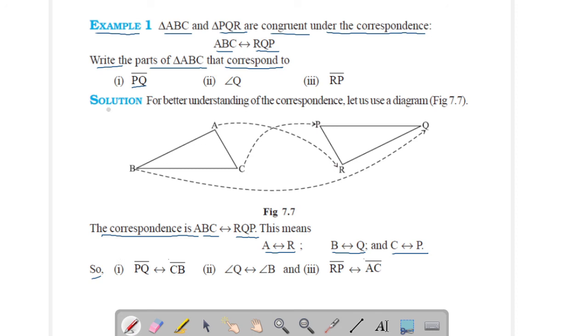So first part, line segment PQ. Line segment PQ corresponds to line segment CB.